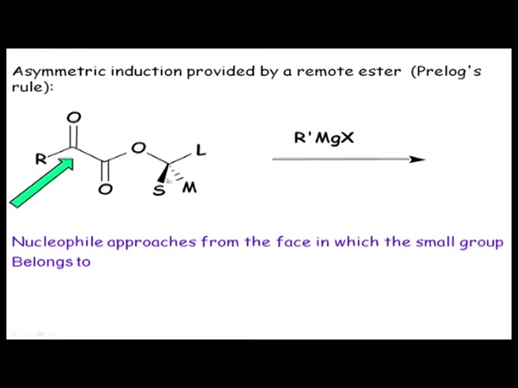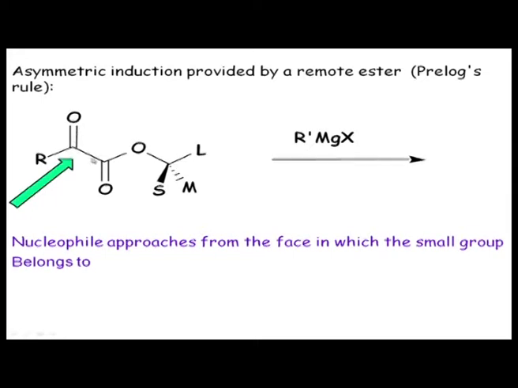Now, even if this chiral center is far away, there is a rule which is called Prelog's rule, that this molecule is somehow influenced by the presence of this carbonyl. And what Prelog says is that this molecule will adopt a conformation in which the carbon-large group bond will be syn to the carbonyl carbon.